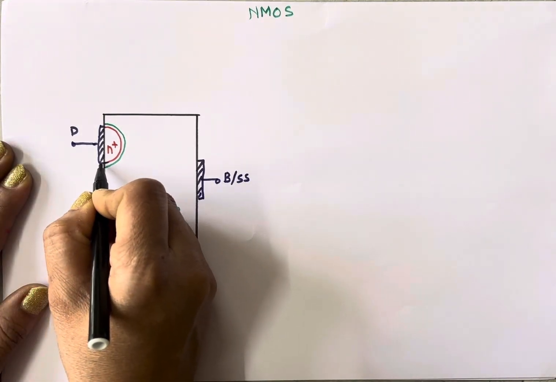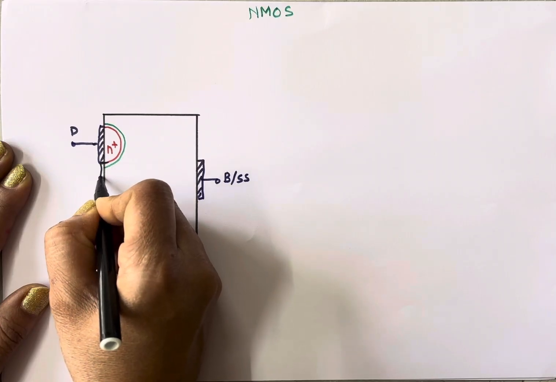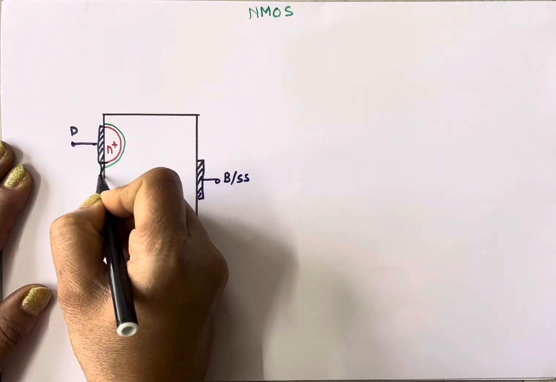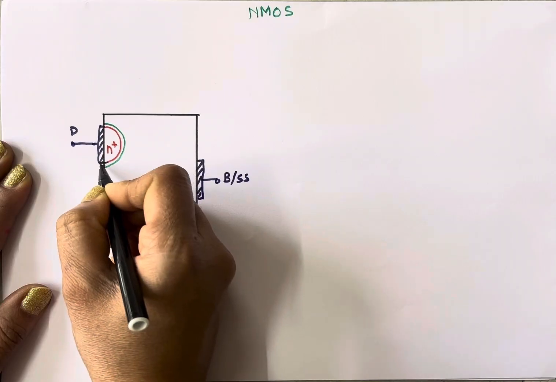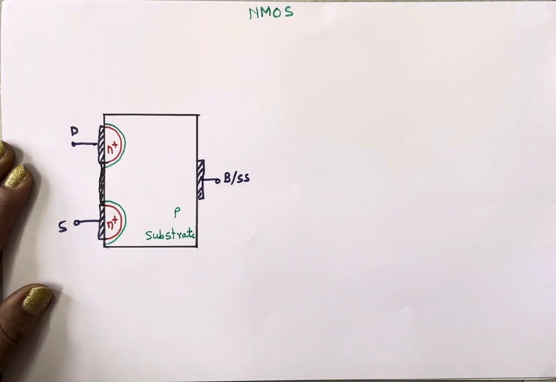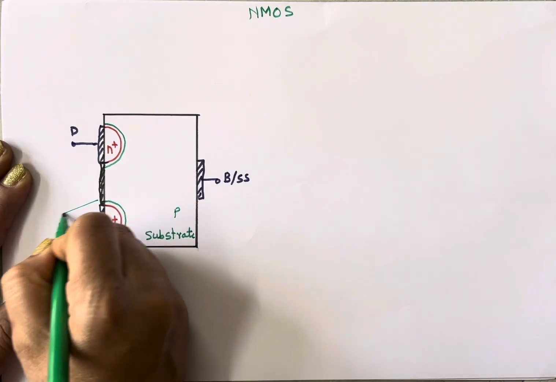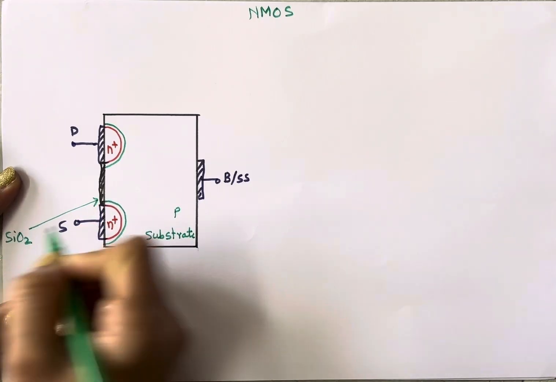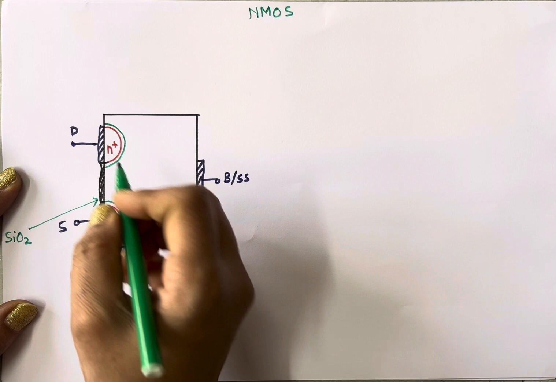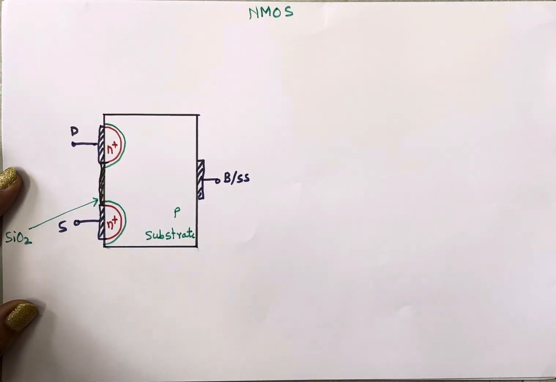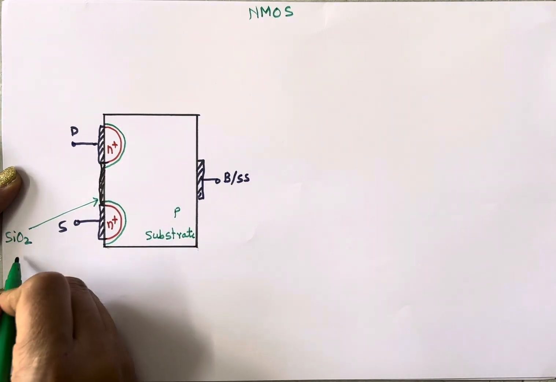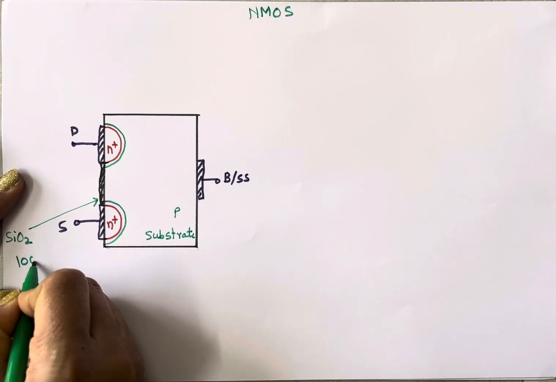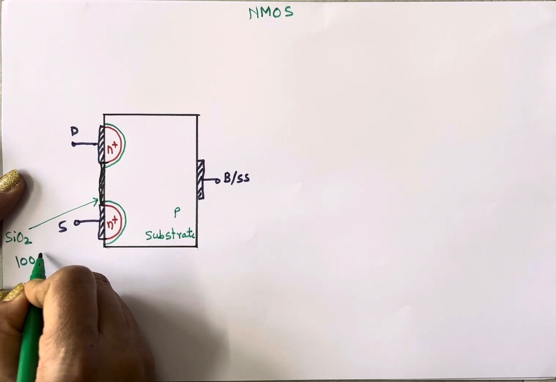So here we'll have SiO2 layer. This is our SiO2, silicon dioxide layer, a thin oxide layer. Width of this SiO2 layer is generally 1000 angstrom units.